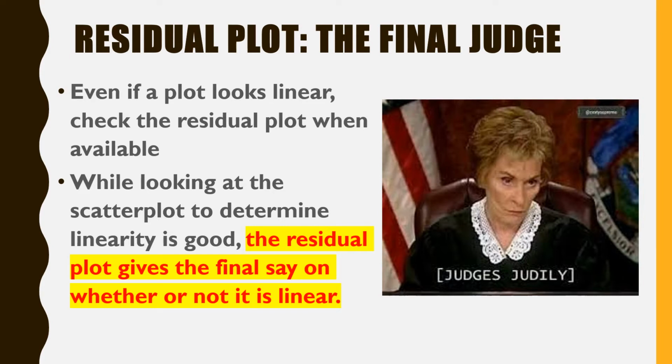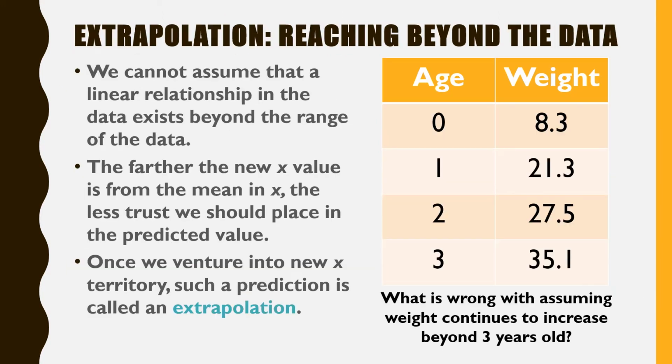In the residual plot, if you see no pattern whatsoever, that means yes, a linear model is appropriate. But if you see a bend or any weird patterns within the residual plot, that means a line is not appropriate. So when it comes to determining is a linear model appropriate, if you have access to that residual plot, that will be the final judge.